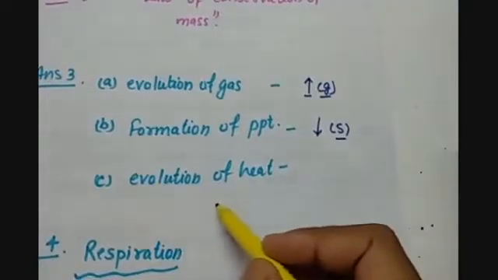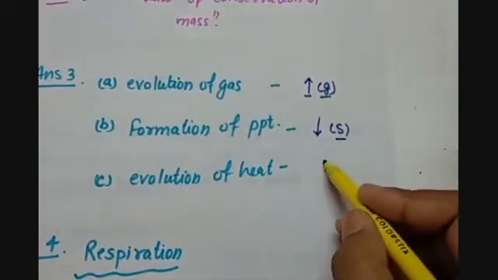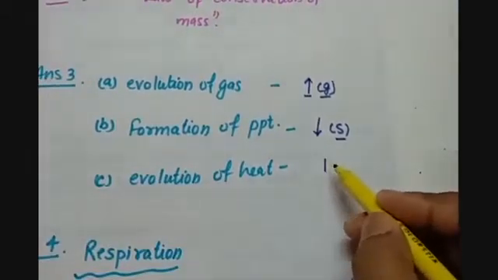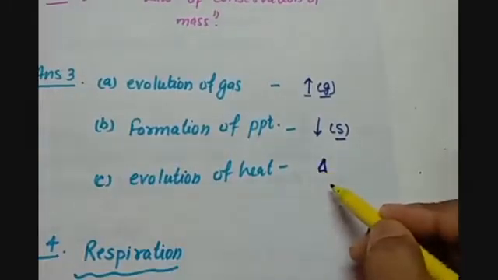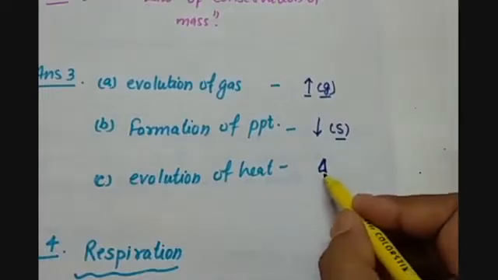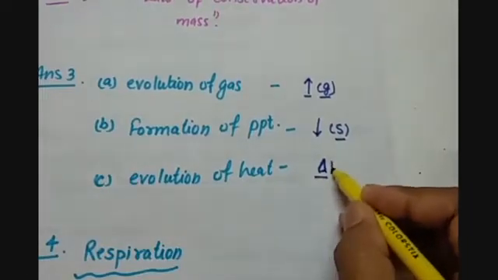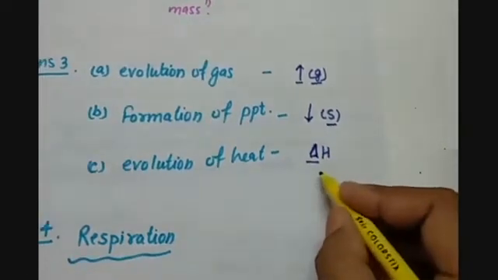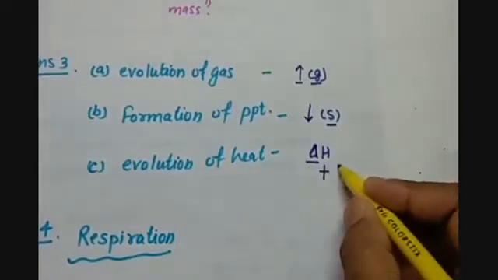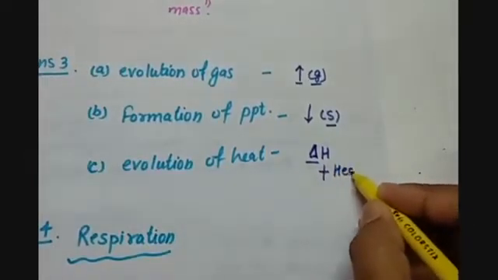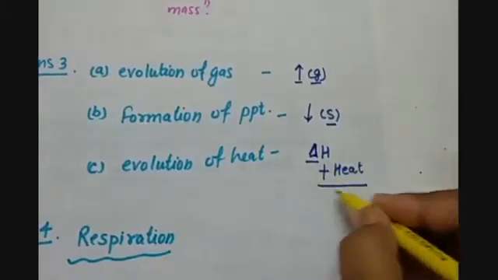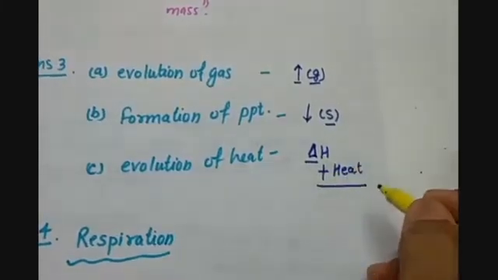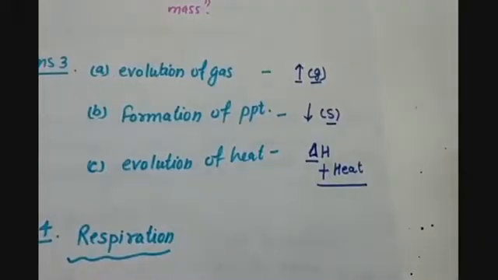It can be delta, because delta represents heat. So either it can be written as delta H, or it can be written as plus heat. If we write this on the product side, that means there is an evolution of heat or some other kind of energy.